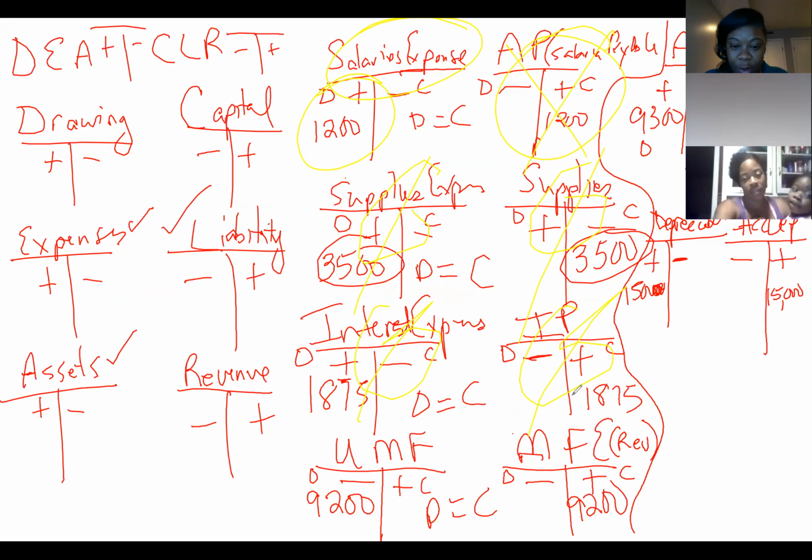All right. So our next one is going to be the unearned member fees and the actual fees. So our debit was 9,200 for unearned member fees and the credit for member fees earned for the same amount.